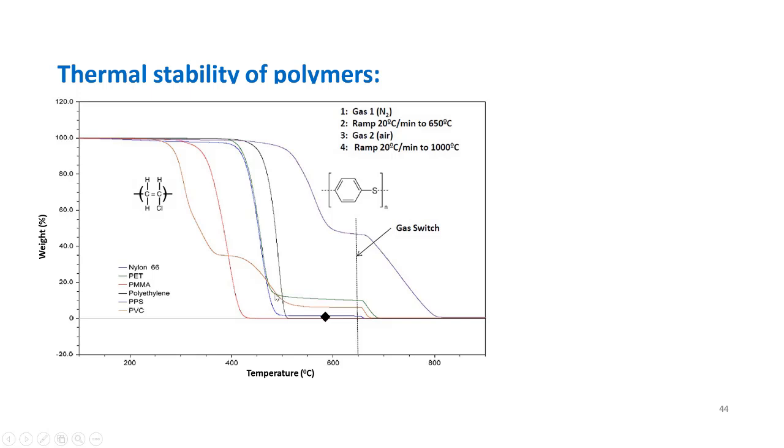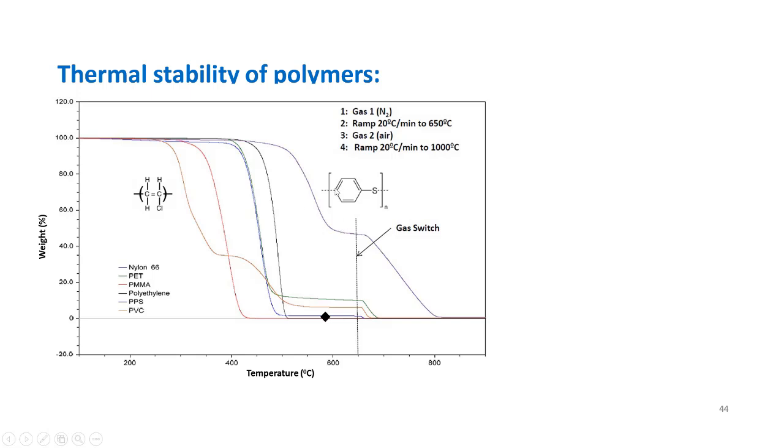This is basically not ash, but the carbonaceous particle, which was higher. And then when the gas was switched, this content got again to zero, because the carbonaceous material also gets degraded in the air atmosphere, so that comes to zero. Then the most stable is the PPS, and then with the gas switch, it has very high content of carbonaceous particle.